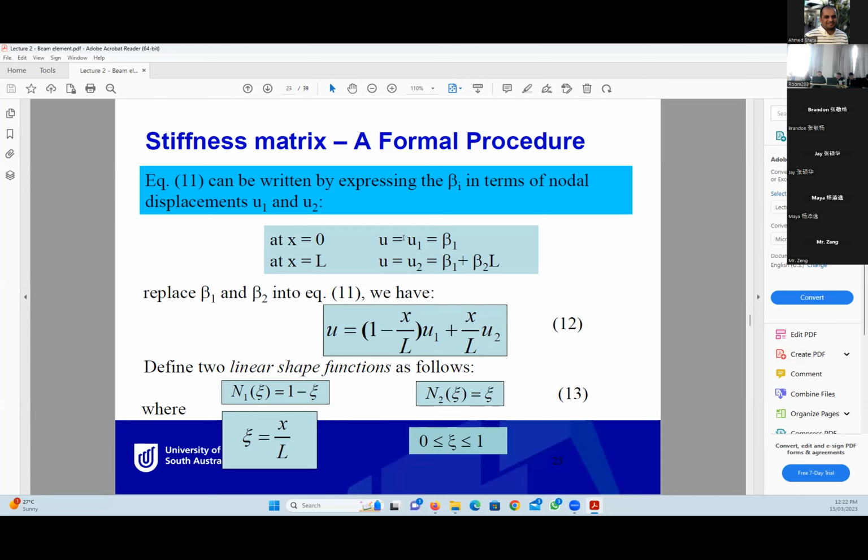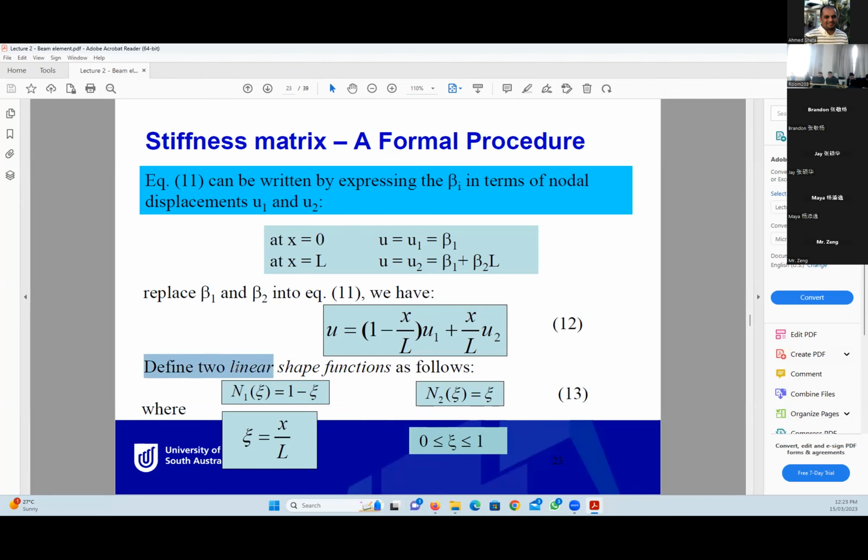Just using these two equations on the top, we get the value of beta 1 in terms of u1 and the value of beta 2 in terms of u2. So the final equation of u will be 1 minus x divided by L times u1 plus x divided by L times u2.